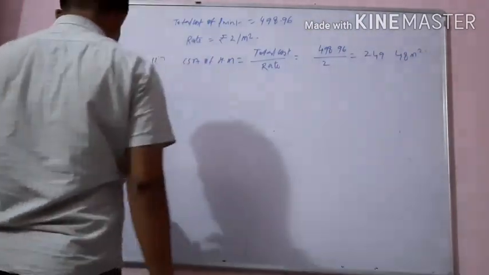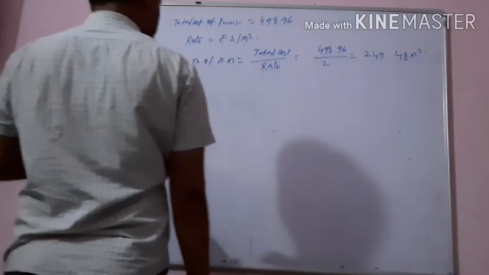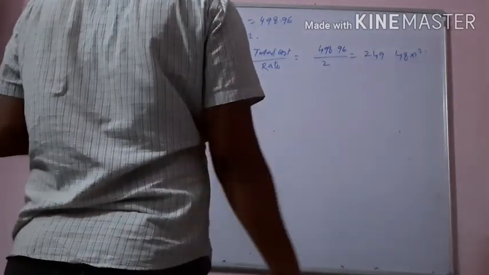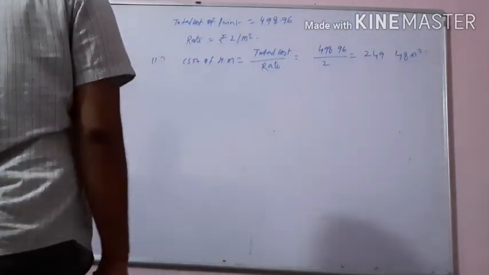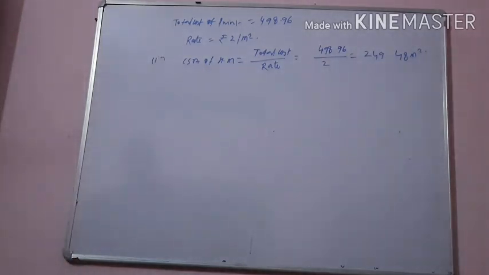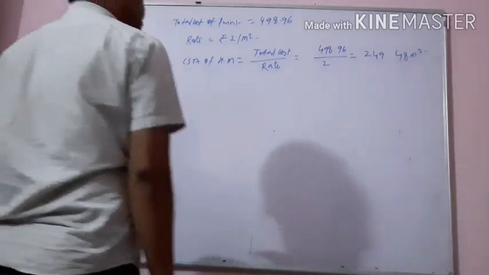This is the curved surface area of the hemisphere. Now we have to find the radius, because for finding volume we need the radius.